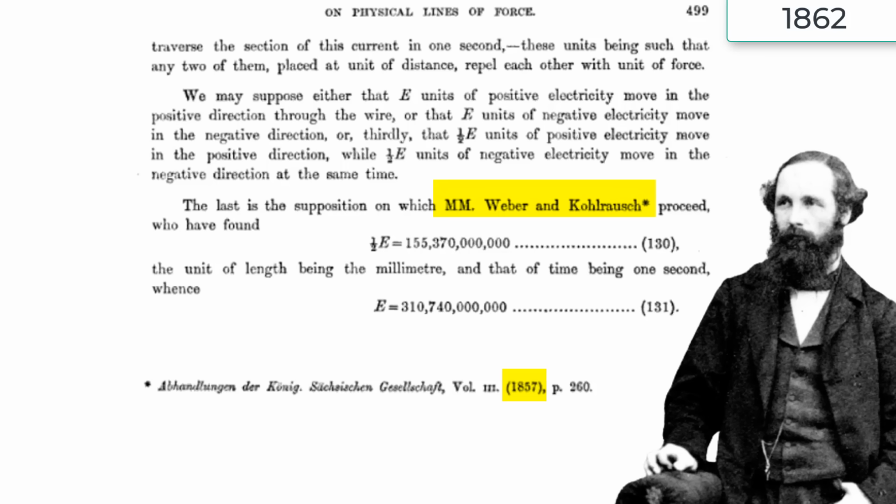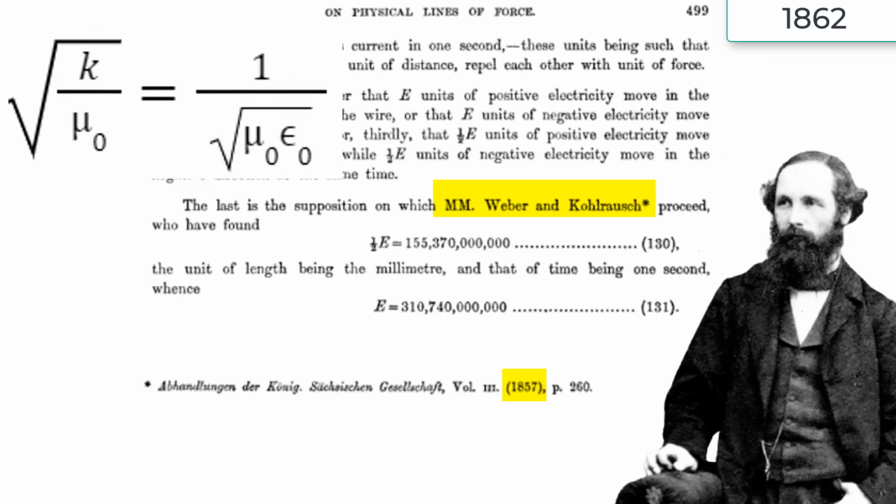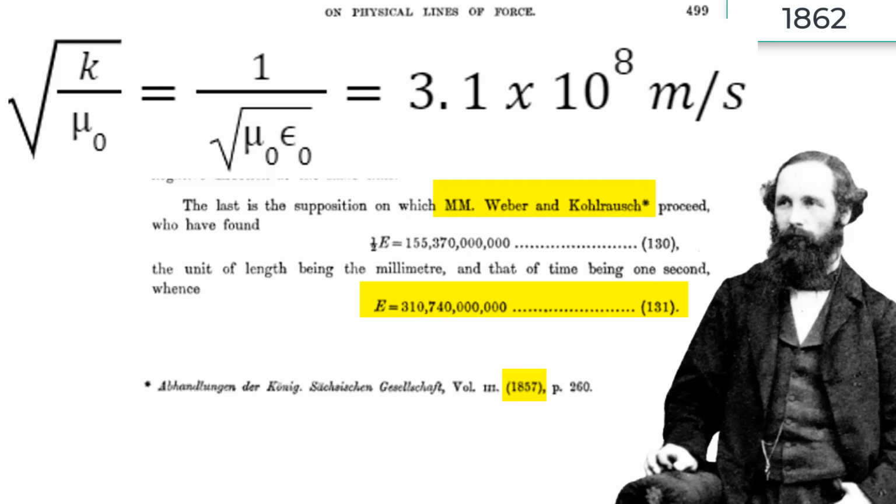Part of the reason that Maxwell added that changing displacement current to his equation for Ampere's law with the curling magnetic field in 1862 was because 5 years earlier, in 1857, a German team named Weber and Kohlrausch experimentally measured the ratio of the electric constant K, where K equals 1 over epsilon naught, to the magnetic constant in free space, mu naught, and found for the right sets of units that the square root of K over mu, which is the same as 1 over the square root of mu naught epsilon naught, was 3.1 times 10 to the 8th meters per second, which seemed close enough to the speed of light to be considered, well, the speed of light.